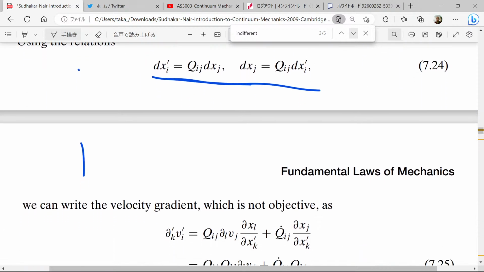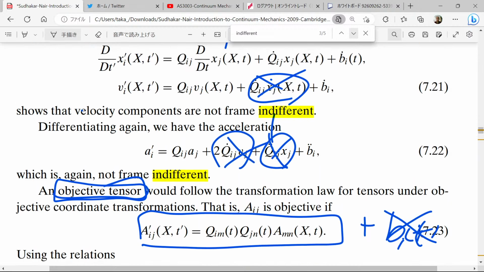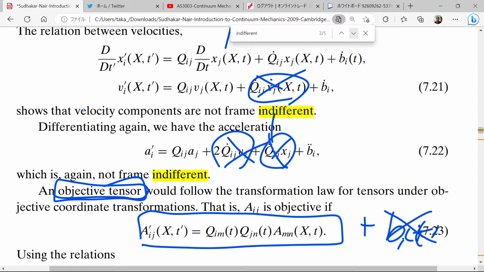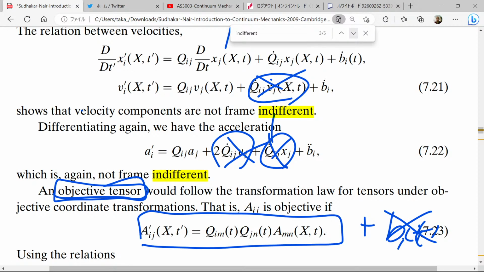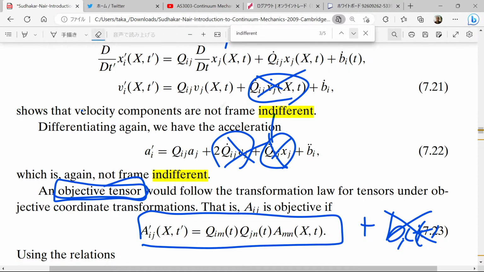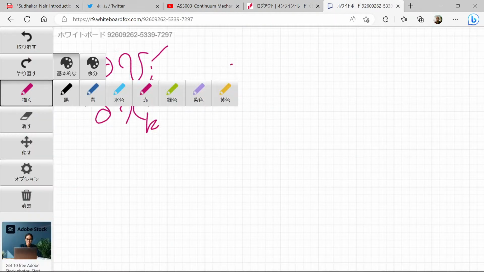Should I put vi? Maybe Qij vj is like this.